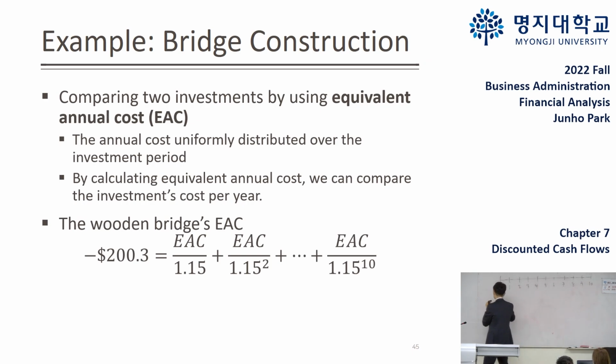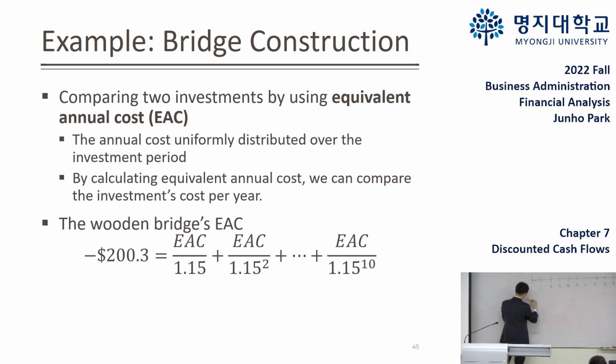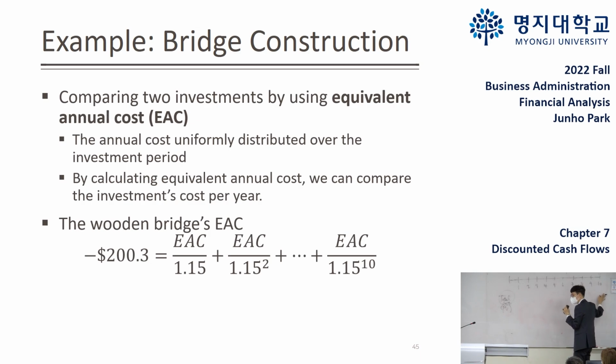And we can calculate the total cost in its present value, and then we are going to distribute this total cost over the total investment period uniformly, which means it should be the same as paying a certain amount of money in the first year, the same amount in the next year, the same amount in the third year, the same amount in the fourth year, until we have the same amount in the final 10th year.